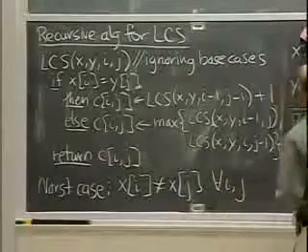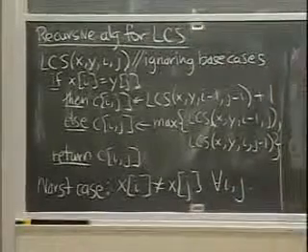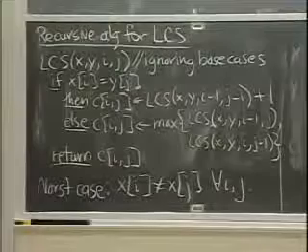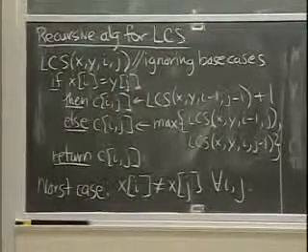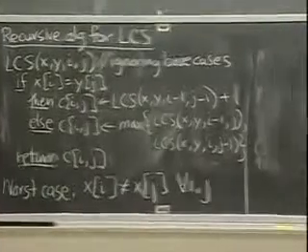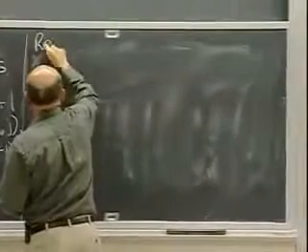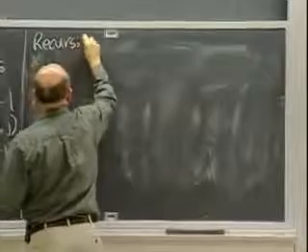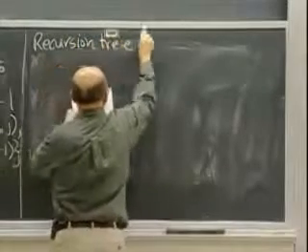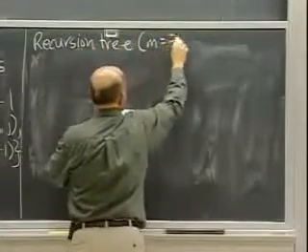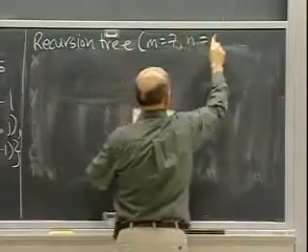So let's draw a recursion tree for this program to get an understanding as to what's going on. I'm going to do it with m equals 7 and n equals 6.